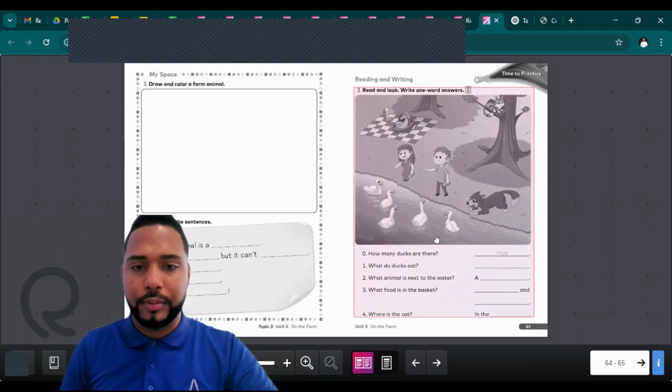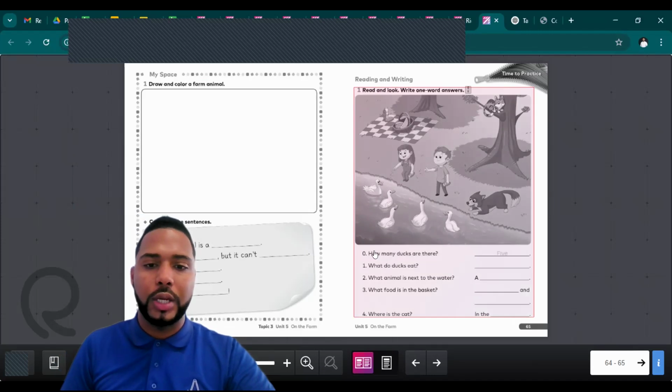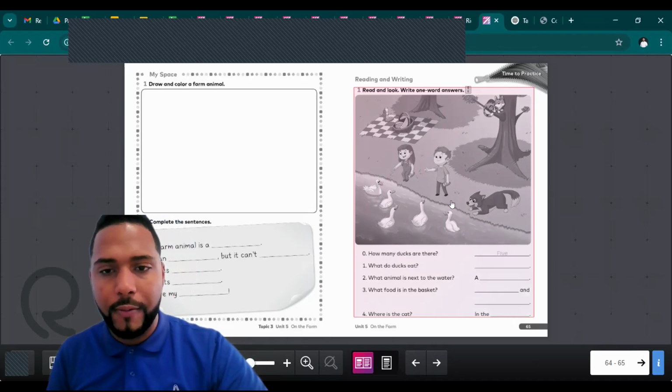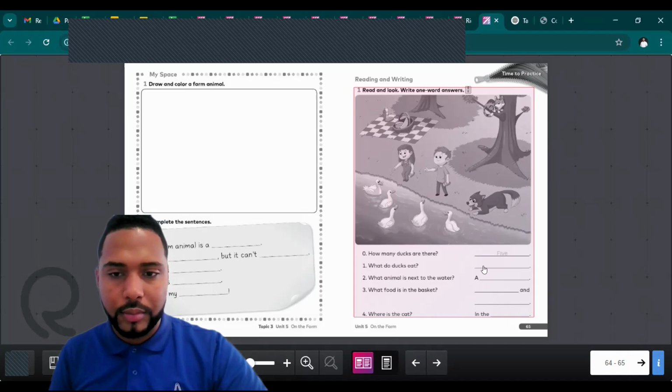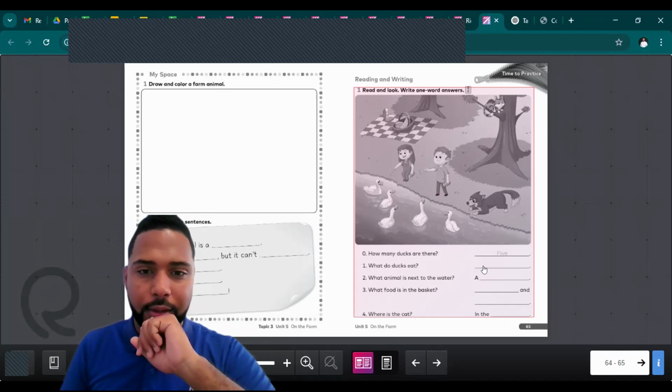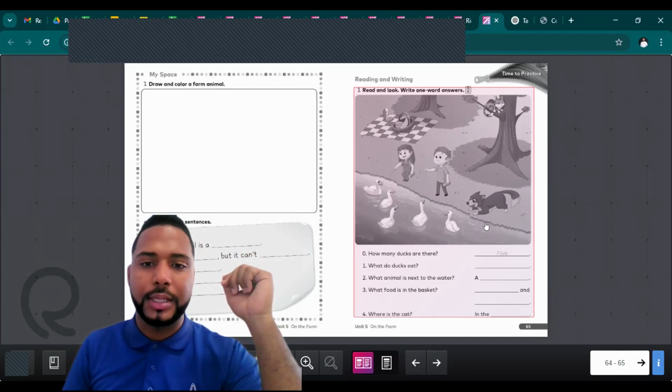And here, we need to read and look, okay? You need to check the information that is there. How many dogs are there? 5 dogs. What do dogs eat? So you need to check. They eat bread, okay? What animal is next to the water?